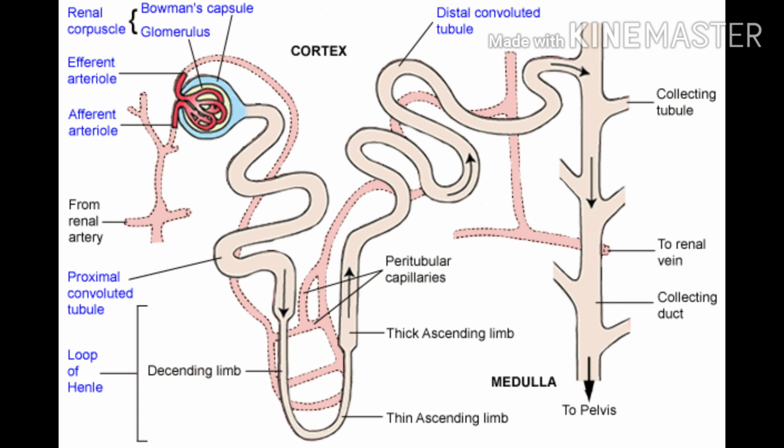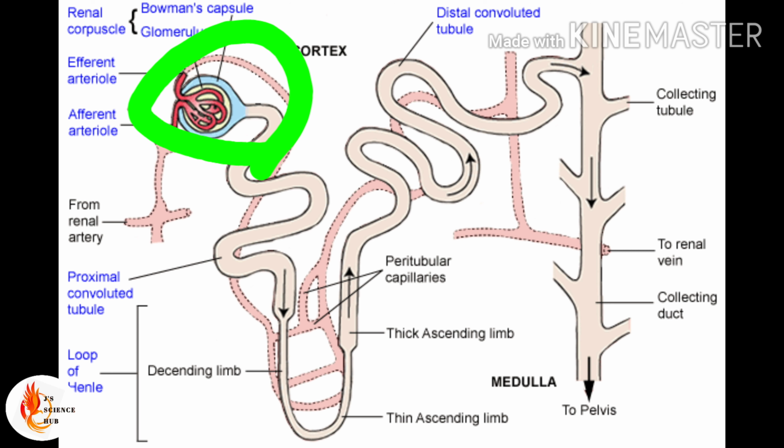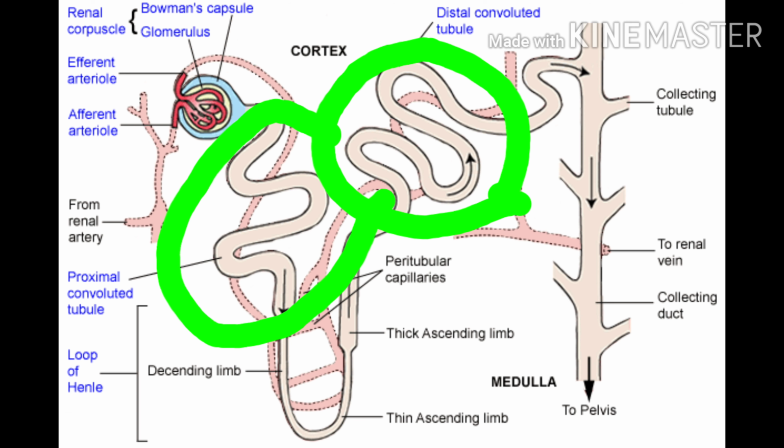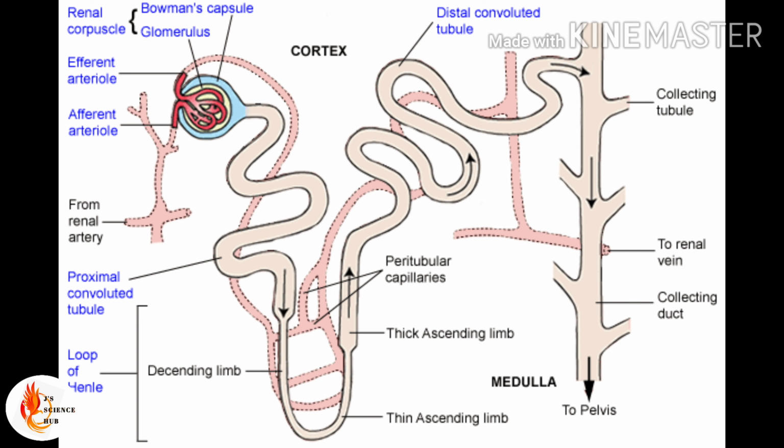So let's study the structure of the nephron. One end of it takes the shape of a cup. It is known as the Bowman capsule. In the structure of the nephron you can find a loop-like structure as well as convoluted tubules. Convoluted tubules means they are folded tubular structures. In this figure you can observe two convoluted tubules.